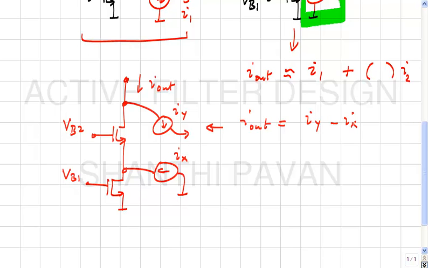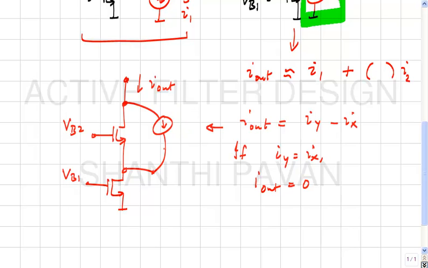Now, if Iy was equal to Ix, I out would be zero. If Iy was the same as Ix, I could simply connect them together, because Ix is the same as Iy. And if you have two identical current sources in series, then I can replace them by a single current source.